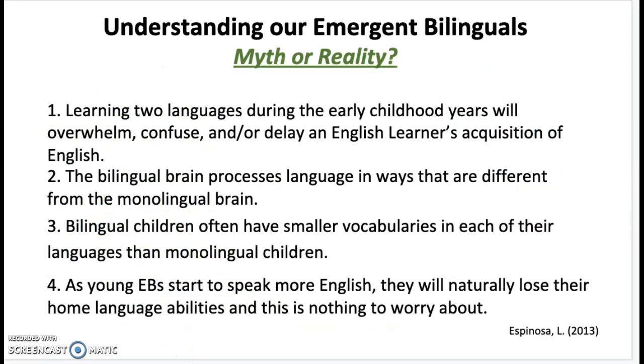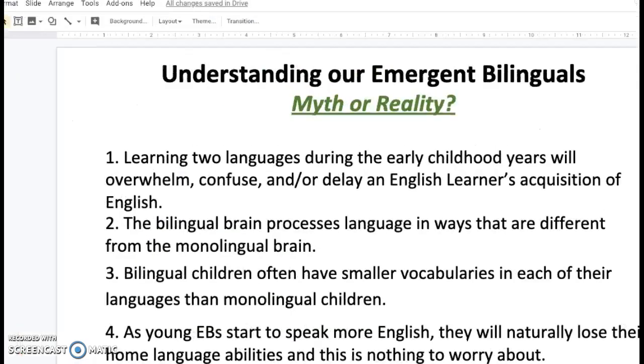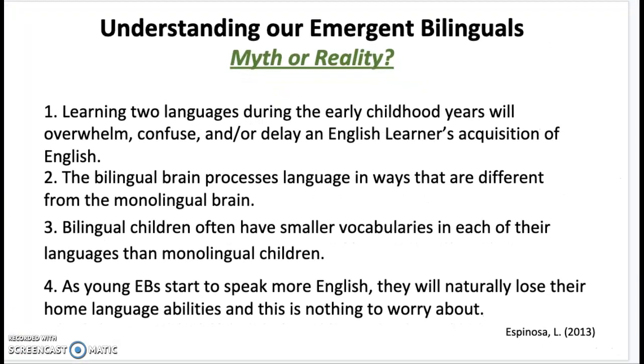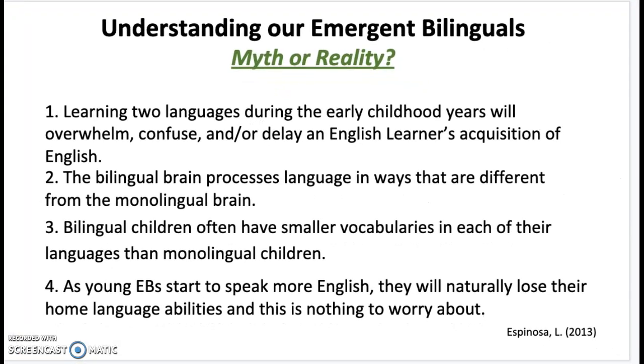Okay, so now it's time for us to participate in a little activity to see how much we know or what we're going to learn about our students who are emergent bilinguals. So this is an activity you can use with your students.